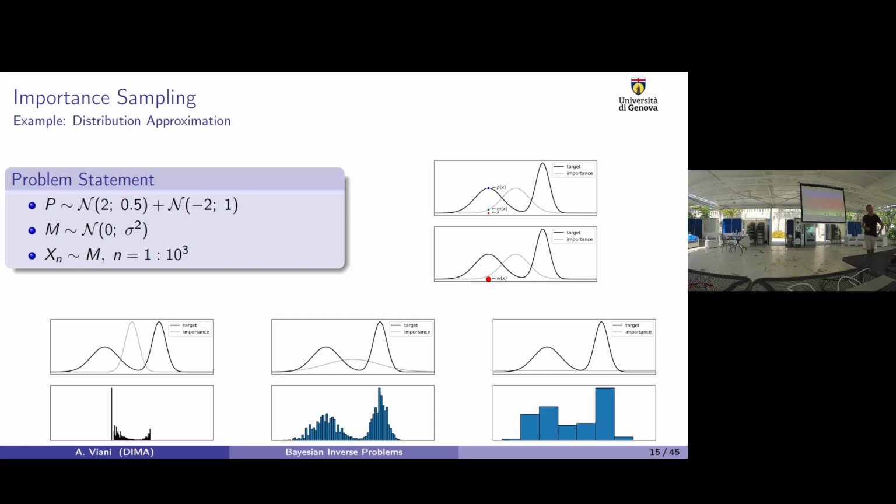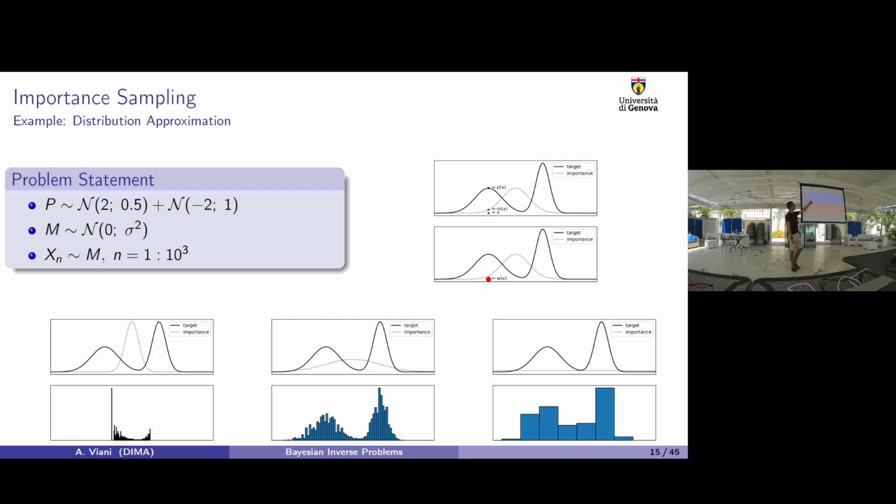So we know P and M. How can you compute W without computing P? I compute P because I'm able to evaluate that in some points. I'm able to evaluate P, but I'm not able to sample from that. Why?